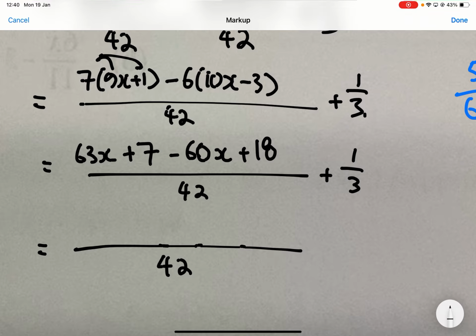But since 63 minus 60 is quite simple, I can straight away write down 3x. 63x take away 60x already, so left with 3x. Then my numbers group together. Plus 7 plus another 18. All are plus. Key in calculator.